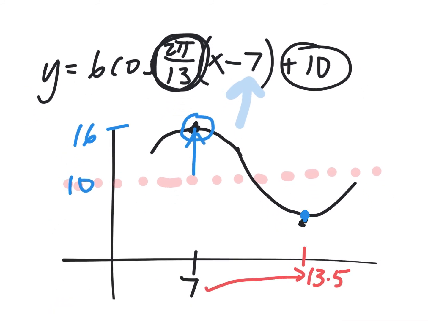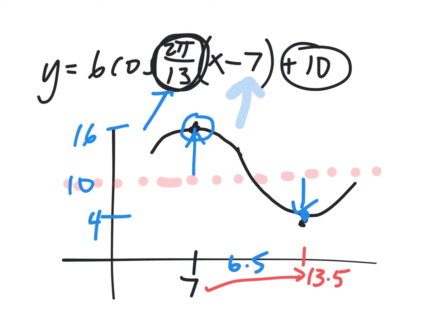And the low spot here was at 13.5 because we added 6.5, half of this period, to get there. And then, how low does it go? Well, it goes down 6 also. So from 10, you go down 6, you'd be at 4. Cool. We can actually go backwards then, too. All right. Any questions about that?